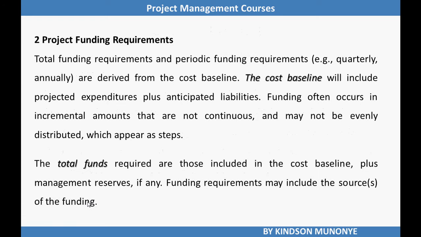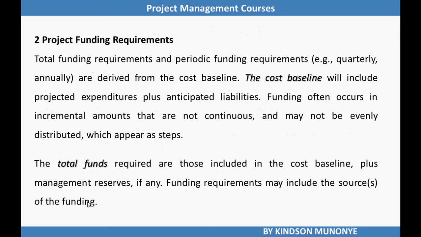Another output is project funding requirement. Now this is important because this has to do with the total funds, has to do with the cost baseline, and everything that is related to the project funding. Total funding requirement and periodic funding requirement are derived from the cost baseline. The cost baseline will include projected expenditures plus anticipated liabilities.